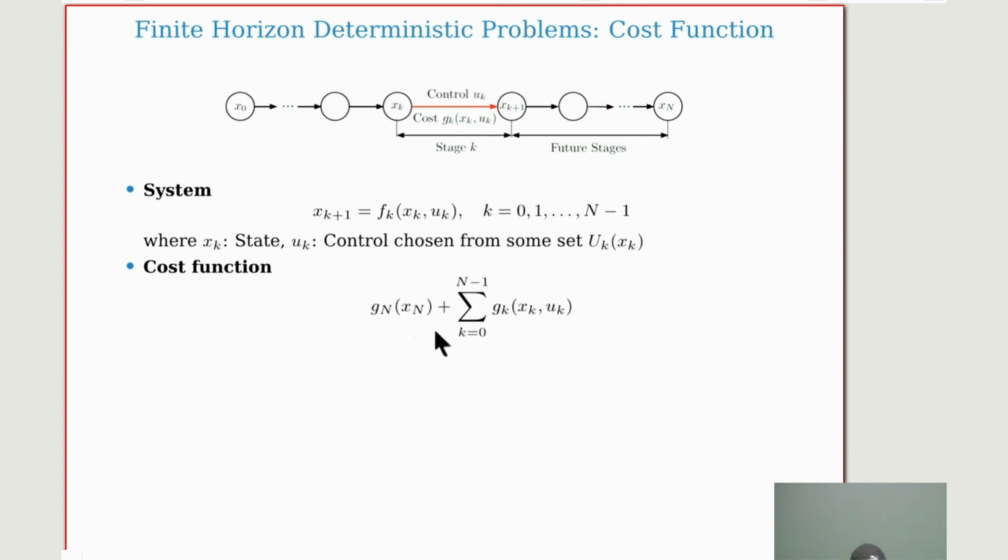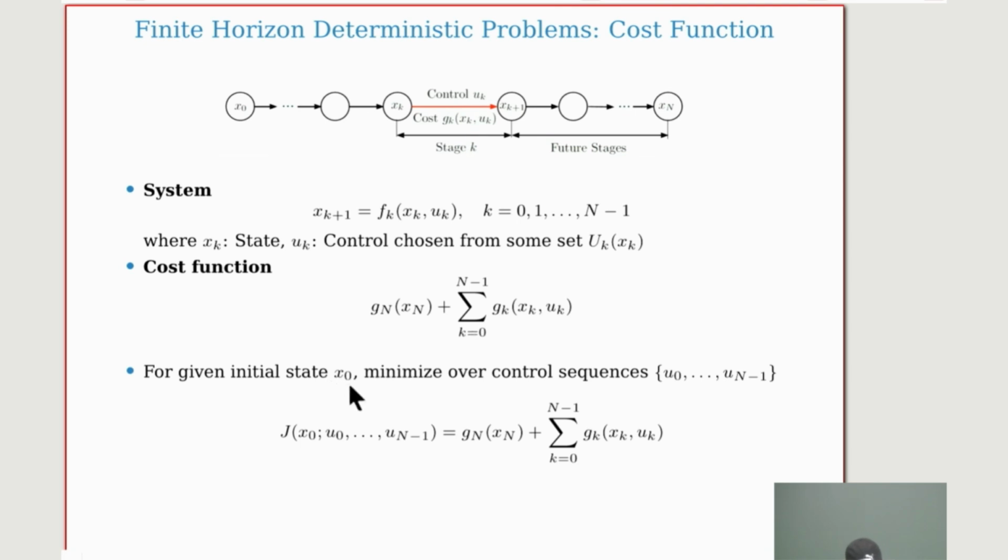That we separated out, and the remaining ones could be written recursively. Since only the last one is a bit different, we keep it separate, but the other ones are the same expression, just the index k changes. So we can write this in this way. We start from 0 to n minus 1. Obviously here we have added up the cost. That's the total cost.